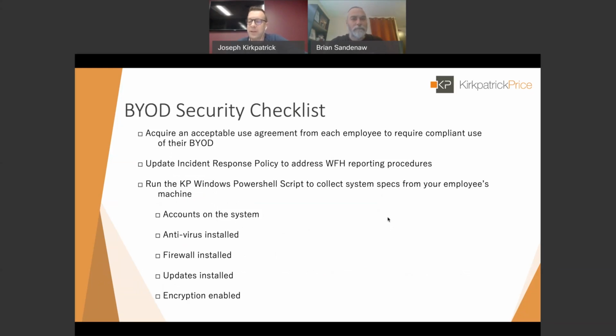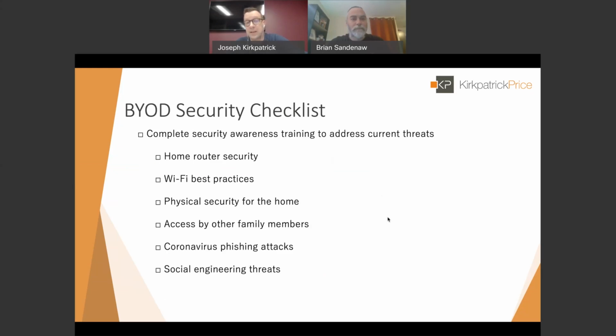And so we're giving you some checklists here in order to go back and see how those things are being done now, some policies that you need to have ready to go in order for employees to understand what their responsibilities are under this new model. We've got a script for you that will allow you to collect some information about the systems that are connecting into your environment now. And we've also given you some ideas on security awareness training to give people some very specific guidance on working in this environment.